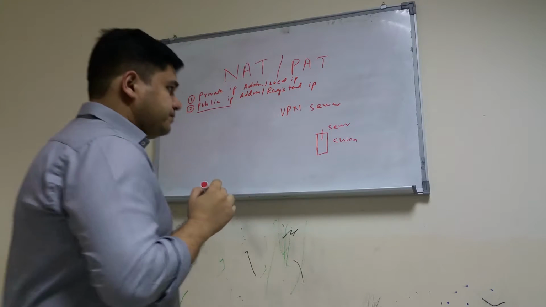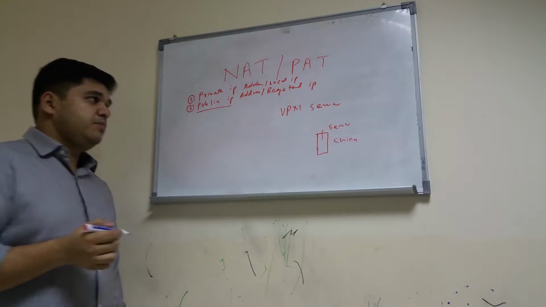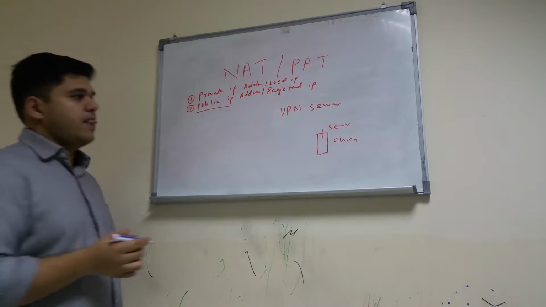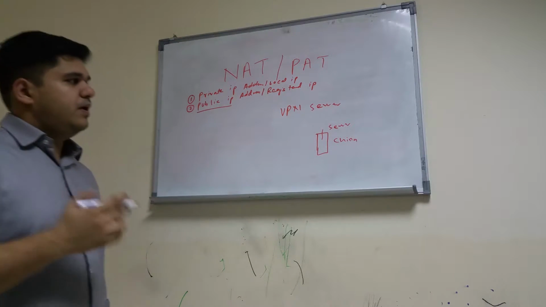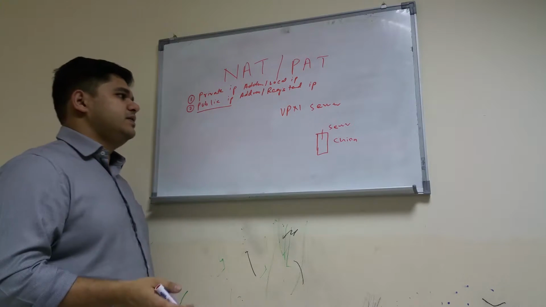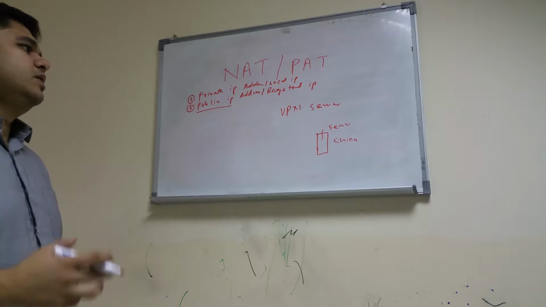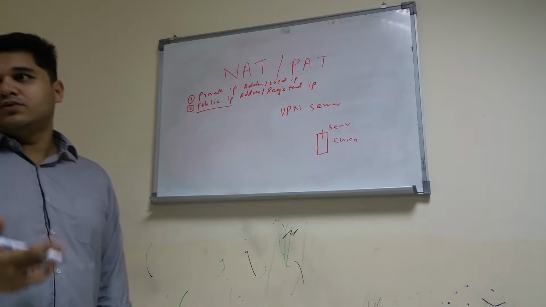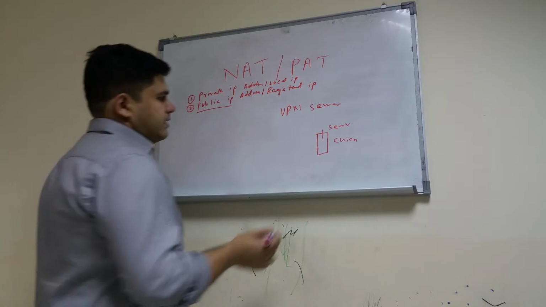Now I'm simply explaining what a VPN server is. We are not learning how to make a VPN server in CCNA, but I'm just showing you the application of this, just to get the concept.